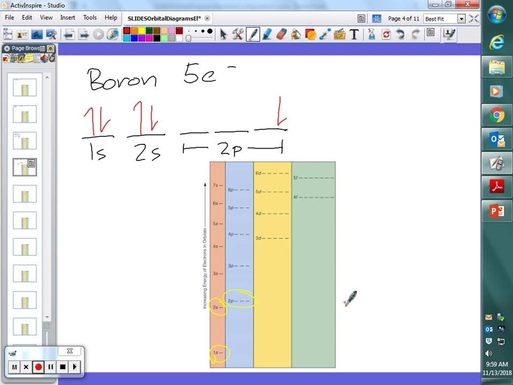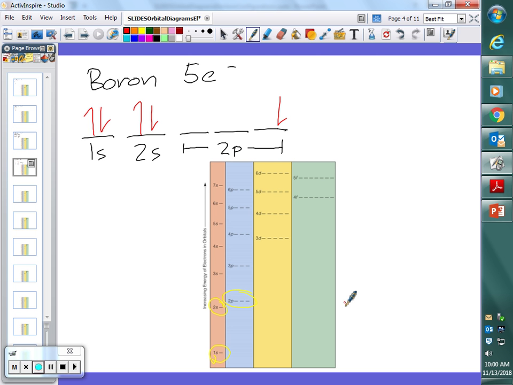Right? We have 1 electron. All 3 of those orbitals are exactly the same energy, so it doesn't matter where that single electron goes. And is the direction that the arrow points important? Not if there's only one electron. It's important if there's two electrons. What has to be true about the two arrows in the same orbital? They have to be opposite, but if there's only one electron there, it really doesn't matter.